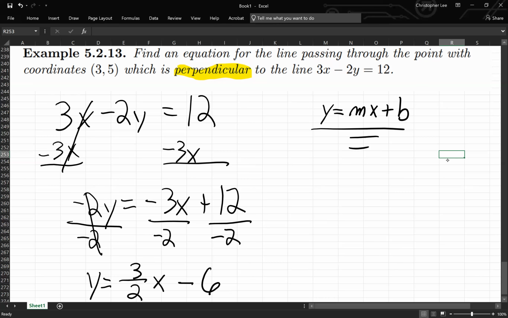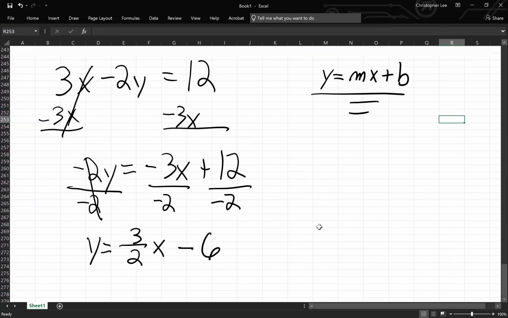How do we get here? The negative 2y, that's what's left over. Then you divide by negative 2. So now tell me from this formula right here, what is the slope? What's the slope in this formula here?